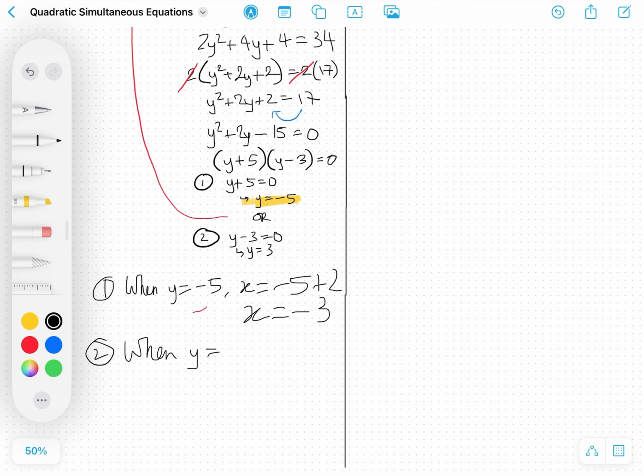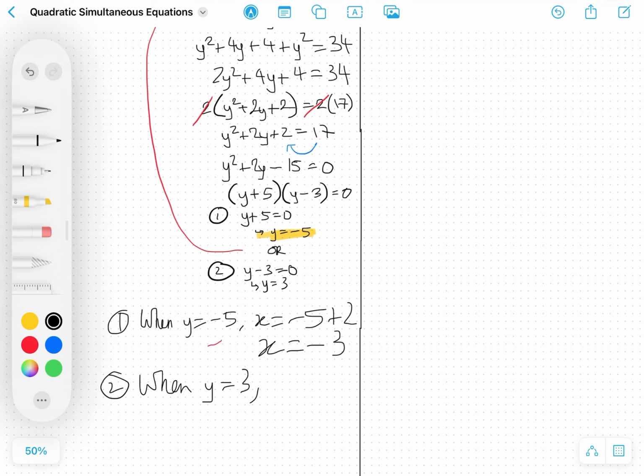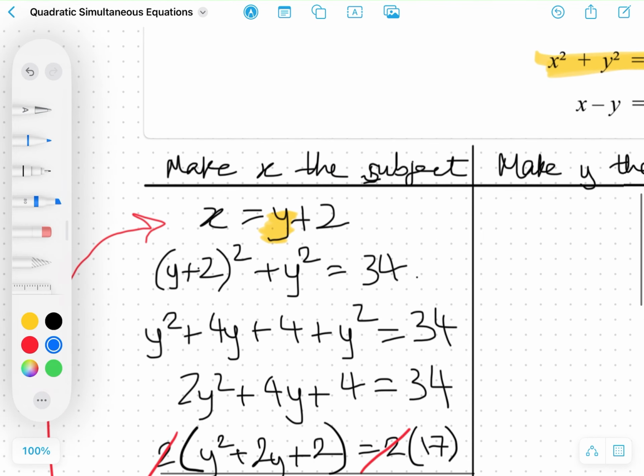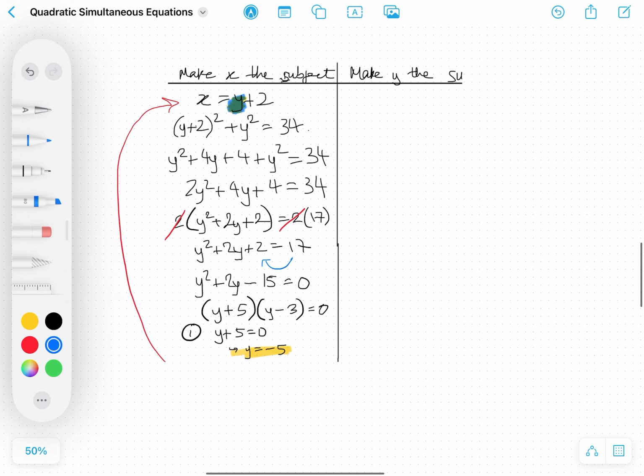And our second solution is when y is equal to 3. When y is equal to 3, x is equal to, now you take y equals 3 and replace the y here with a 3.